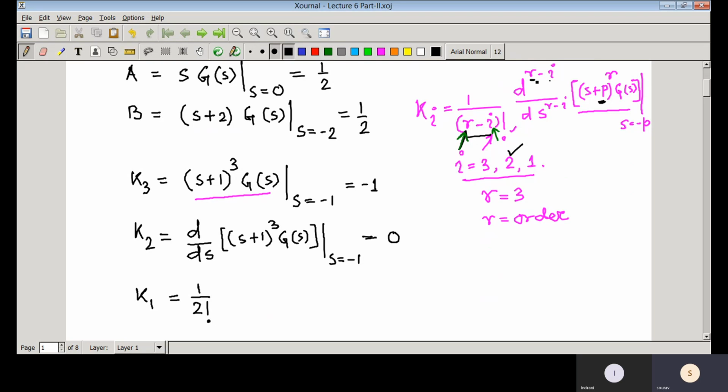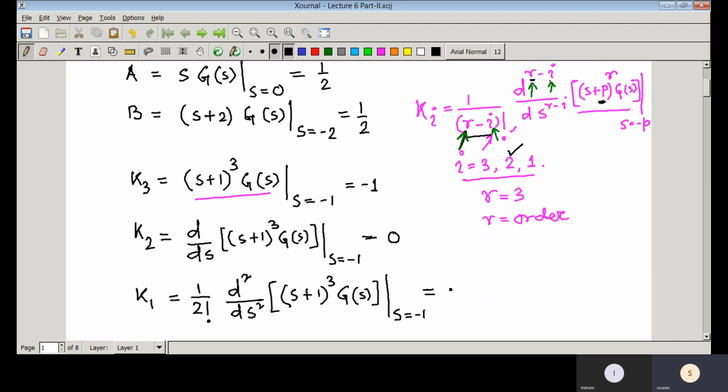Then now here you have 3, and I equal to 1. So that means the second order derivative, that is d2 by ds2, and then the rest of the terms remain same, 3 GS, and you find it at s equal to -1.